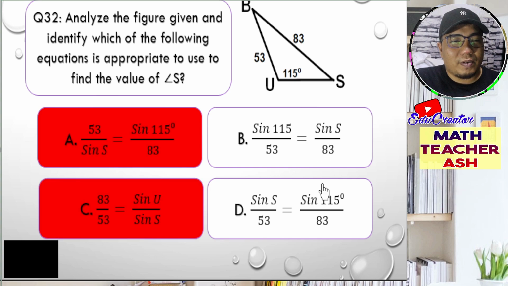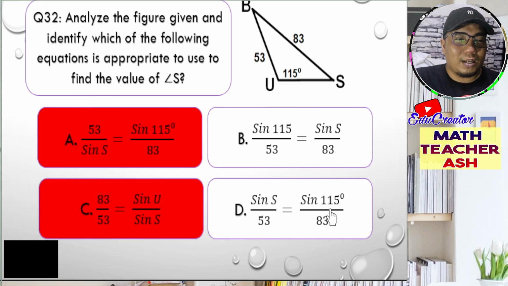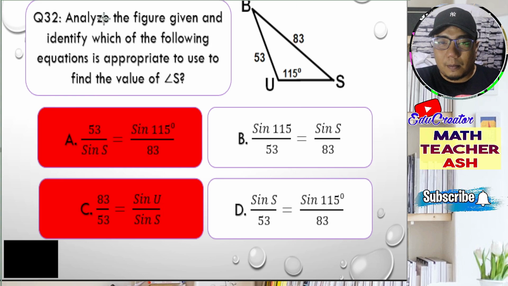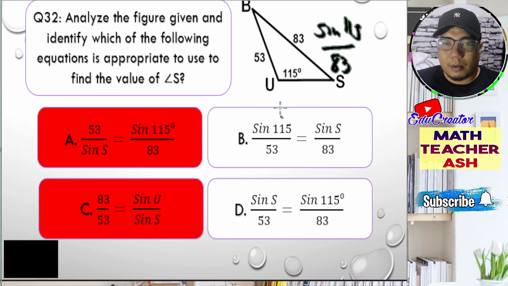Now we have here 2 given. In order for you to really understand this one, you can make your own sine pairing. So the law of sine here, we can have sine 115 and 83, so that is sine 115 over 83 because they are the pair.